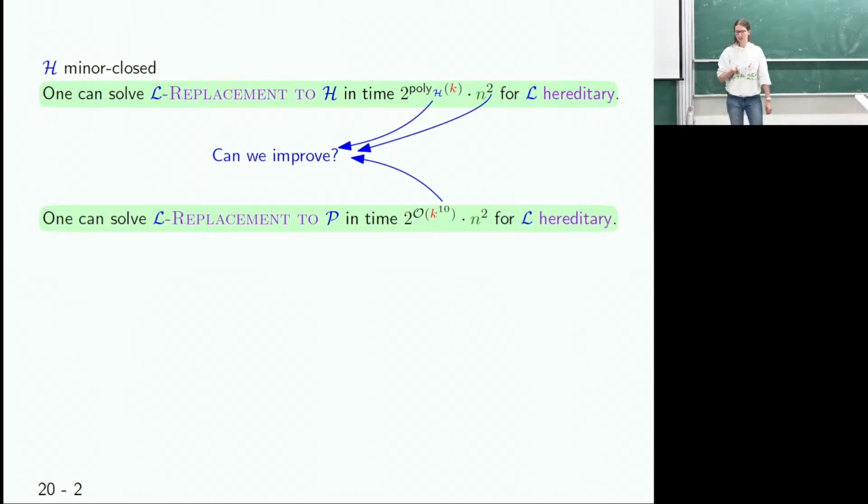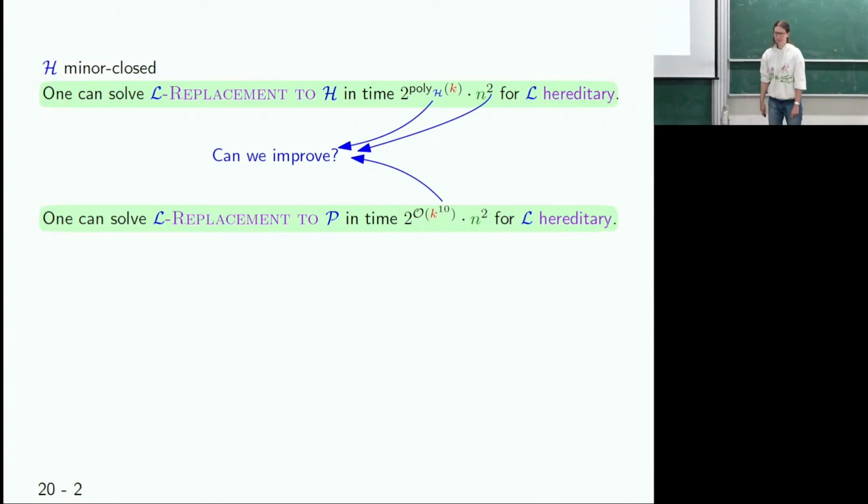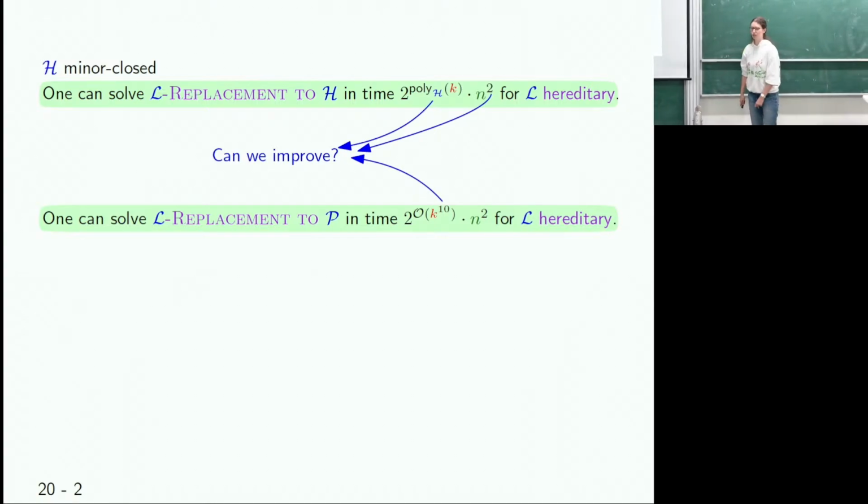The problem is that the way they do it is just to put everything in Courcelle's theorem. So if we wanted to do something, we would have to do a nasty dynamic programming to solve this, which I guess nobody wants to do. And also there is this k to the 10, so maybe we can improve it. I don't believe we can do better than k to the 2, but we didn't really try to improve it much.